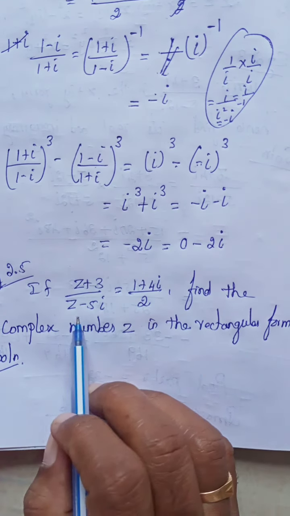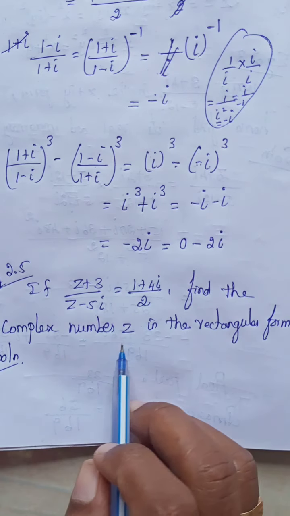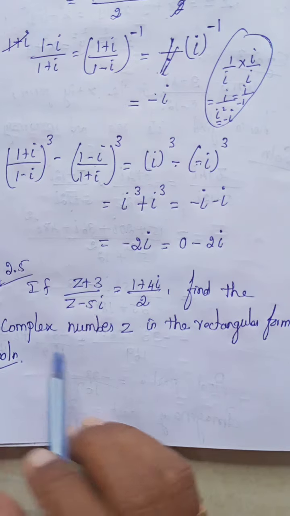See, if (z plus 3) by (z minus 5i) is equal to (1 plus 4i) by 2, find the complex number z in the rectangular form. This z we have to find.